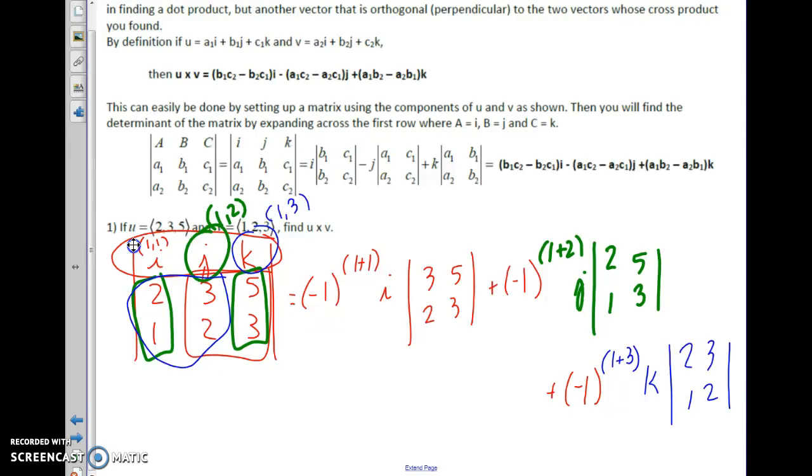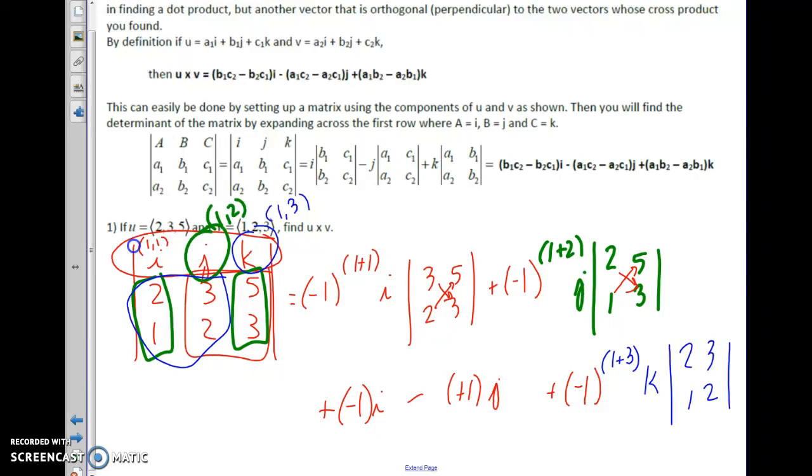Now, at the end of the day, this first one is going to be a positive i times what I get when I find the determinant of this 2 by 2 matrix. It's going to be 9 minus 5, so that leaves me with a -1. This is going to be a negative times j, 6 minus 5, so that is a positive 1.